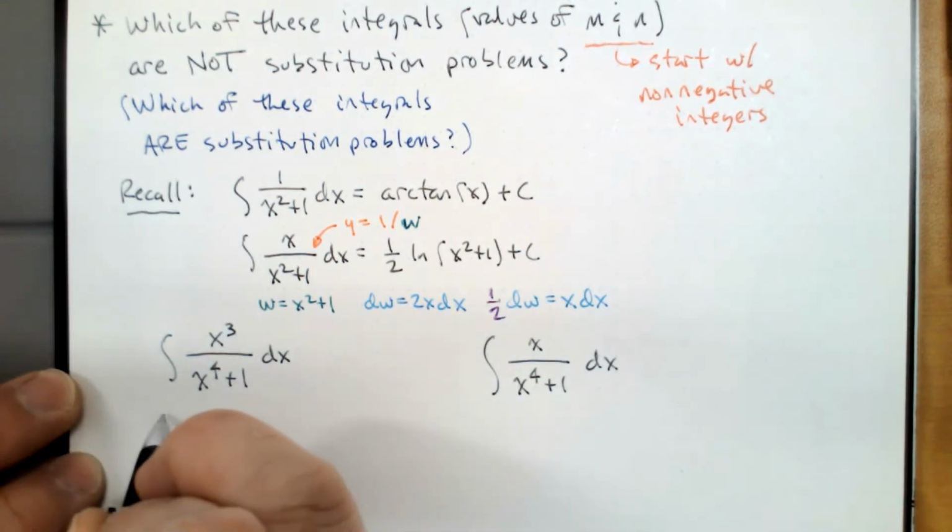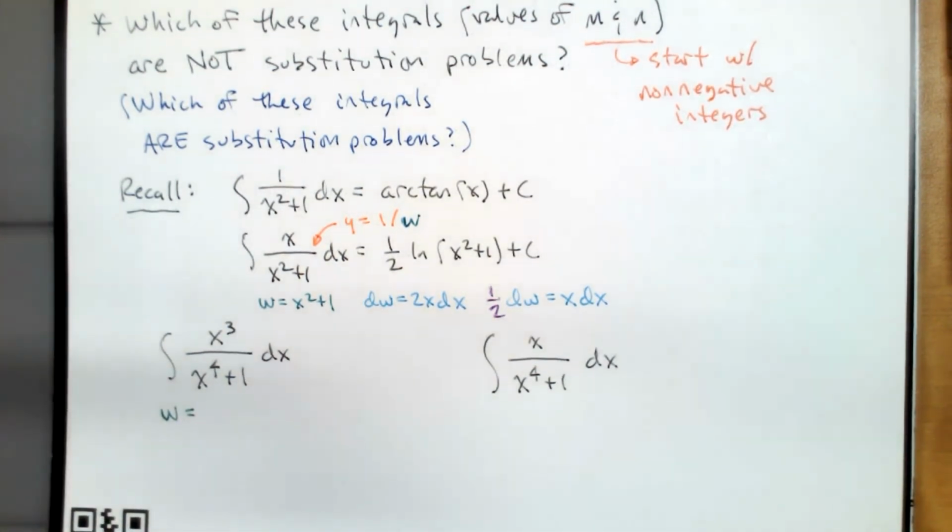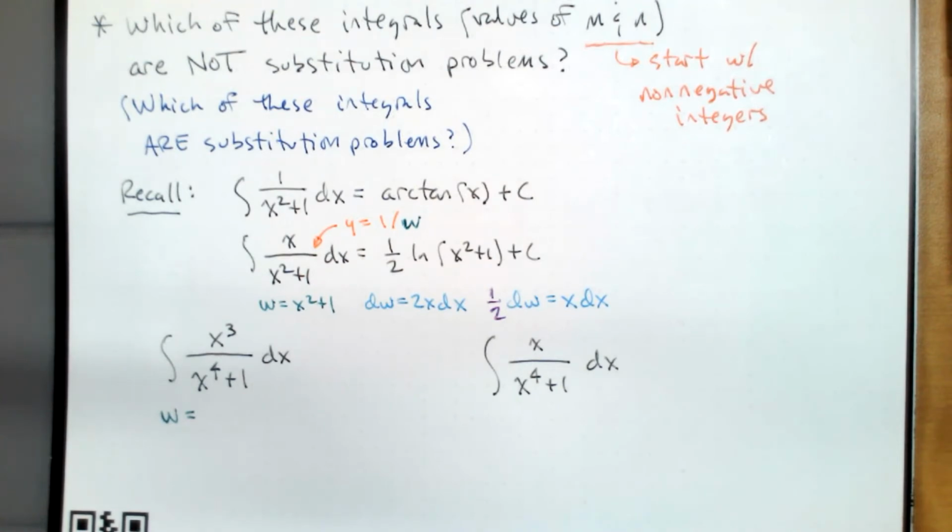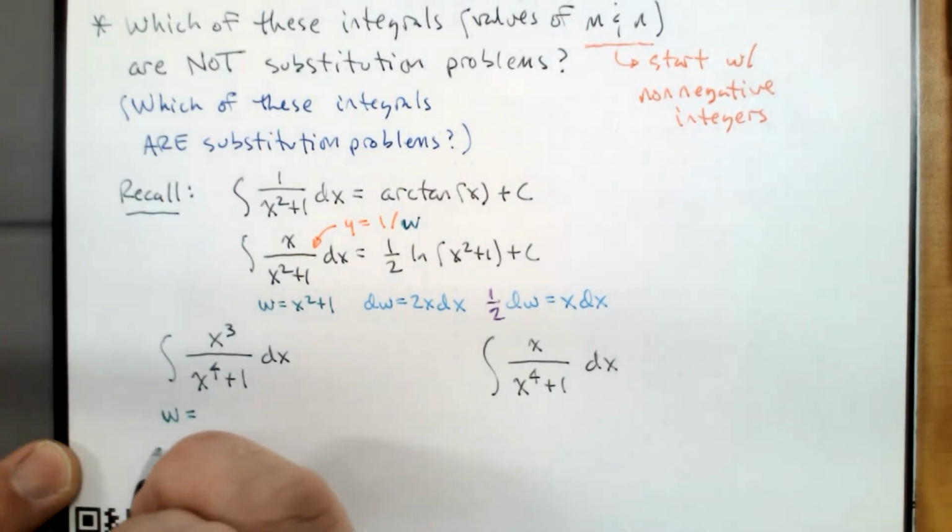What do you suggest for w in this first integral, x cubed over x to the 4th plus 1? What do you want your w to be? What can it be? Remember, it's a choice that we make at the beginning. Then we have to see if our choice is going to work by figuring out what dw should be.